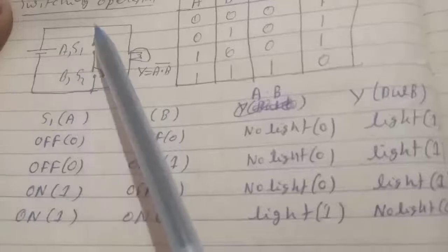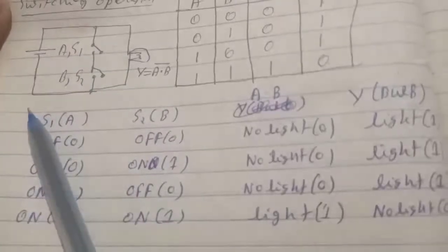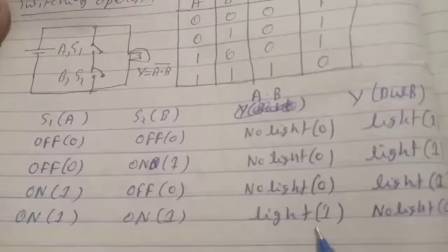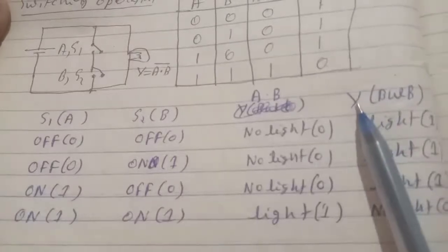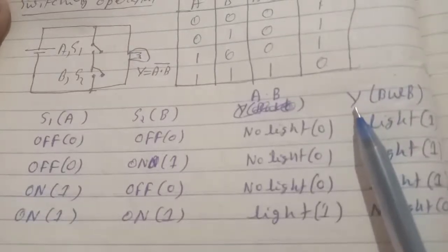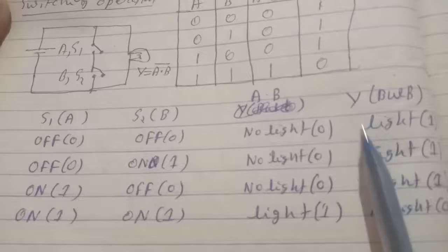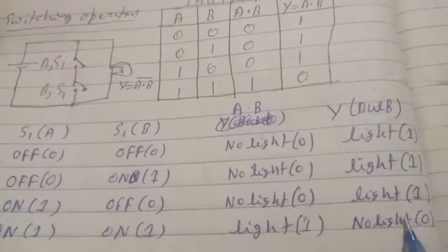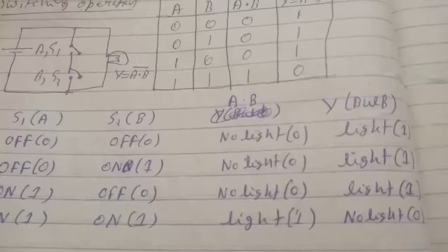Then current will pass through this, and so A dot B will be 1, and so the final output, the output of NAND gate, will be no light, that is 0. So this is the switches operation for NAND gate.